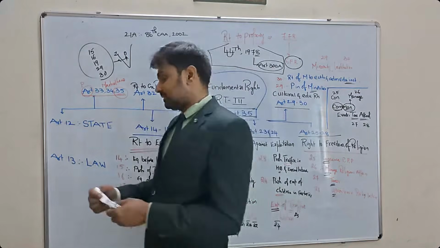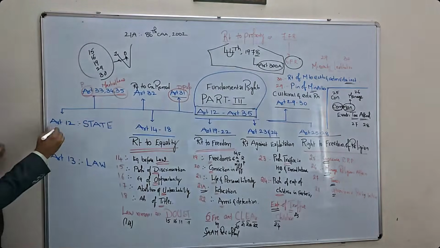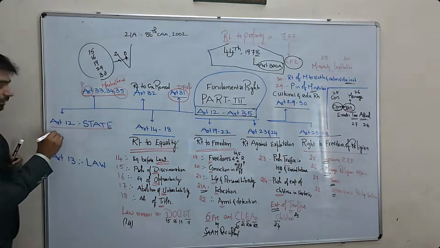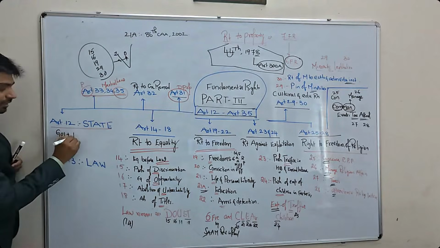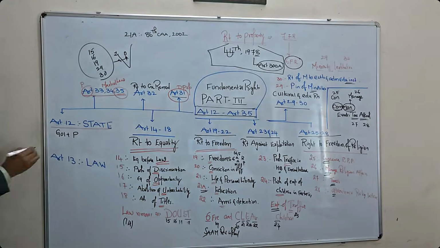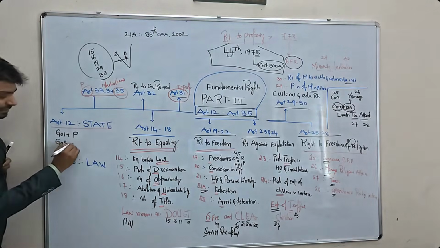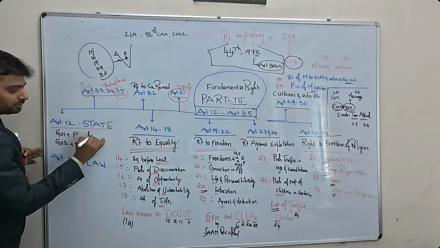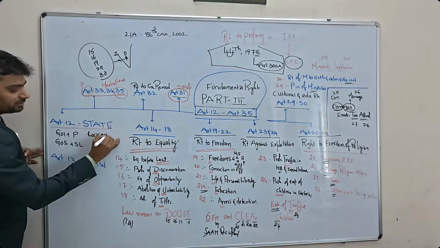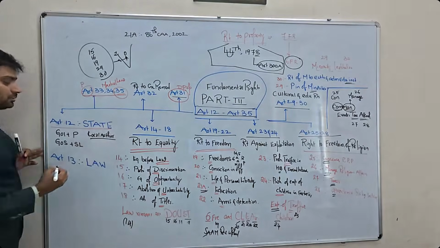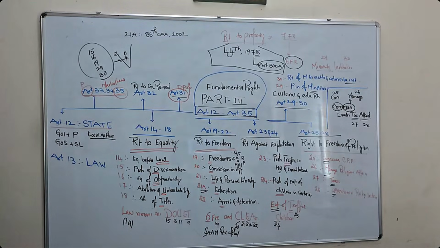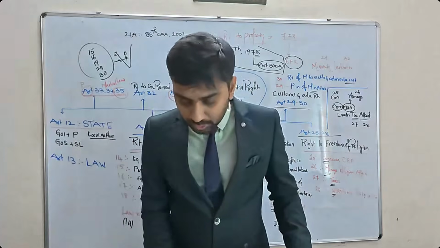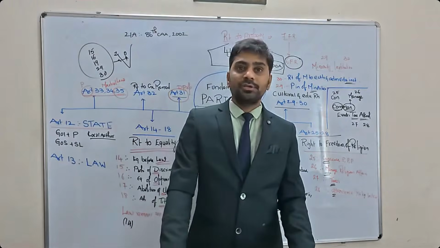So what does state include, guys? Unless otherwise provided, state includes everything here: the Government of India and Parliament, the governments of the states and the state legislatures, and all local authorities and other authorities within the territory of India, in which the government or the Union has jurisdiction.